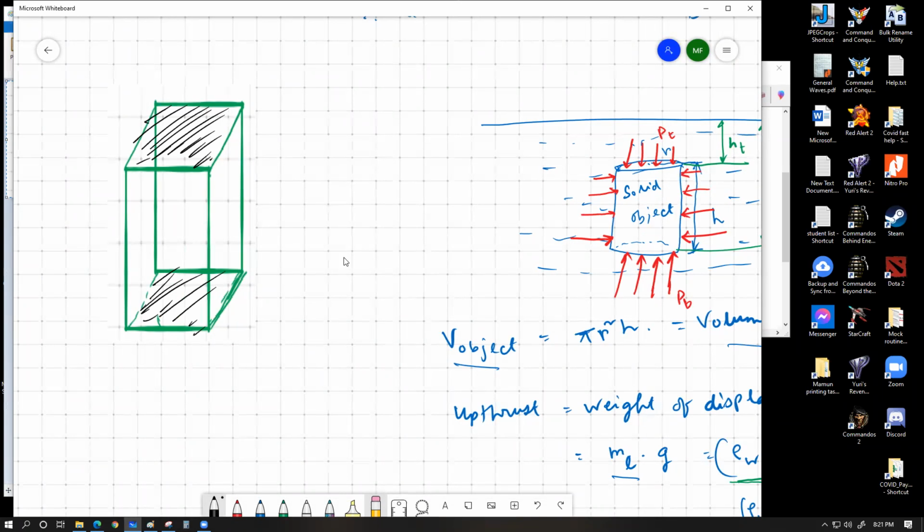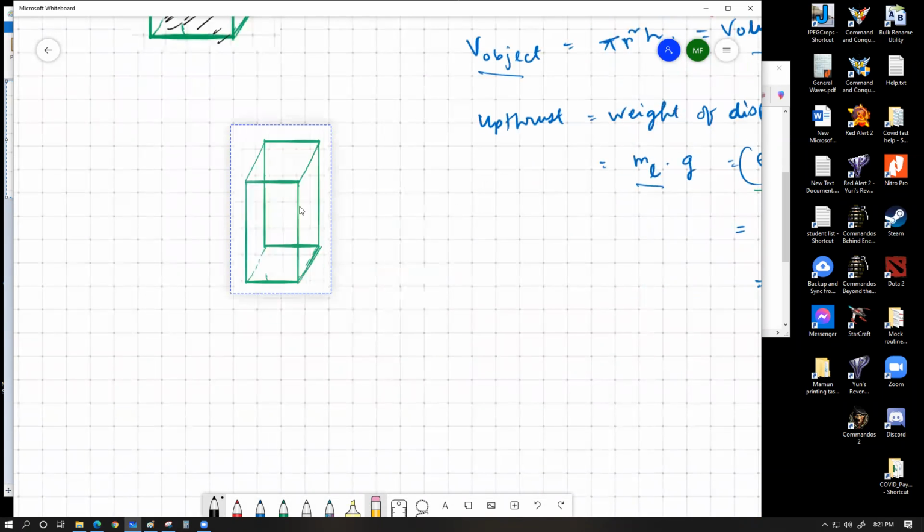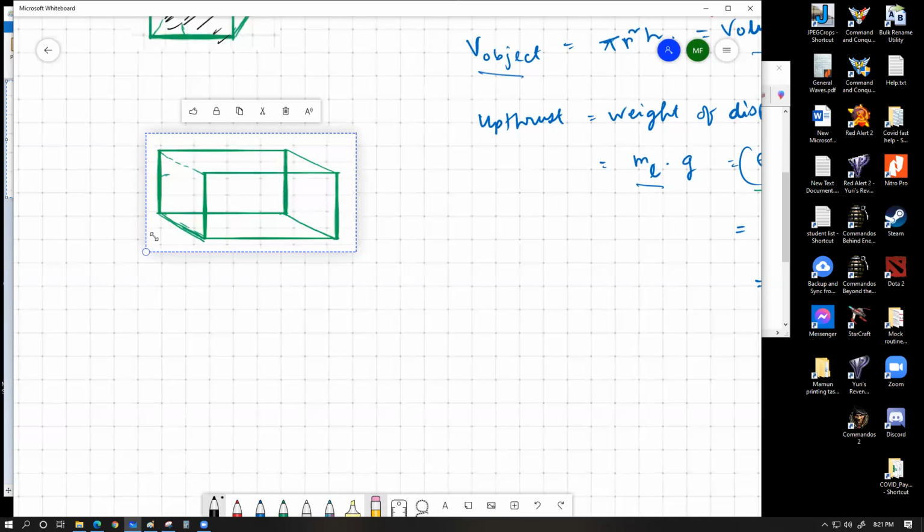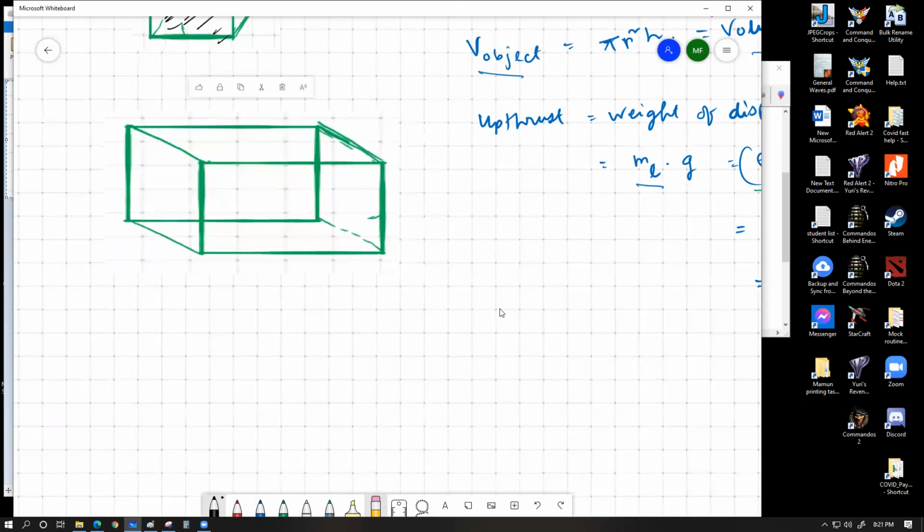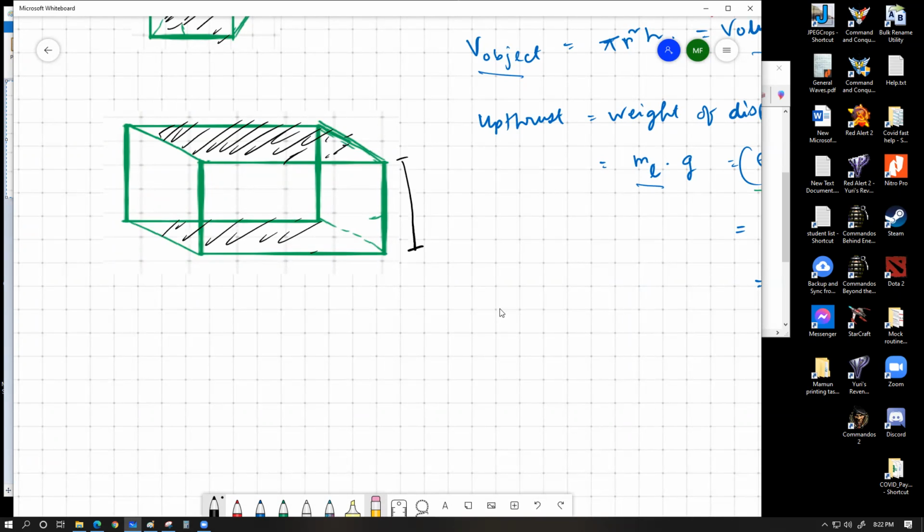If we tilt the orientation of the object and place it in this orientation, then you're going to have a significant rise in your cross-sectional area and a proportional decrease in your height. So your delta H is going to become smaller, but the cross-sectional area through which the pressure works is going to become larger. So the combined effect is going to be compensated equally. So you're going to have the same amount of upthrust, provided the object is still a solid object.